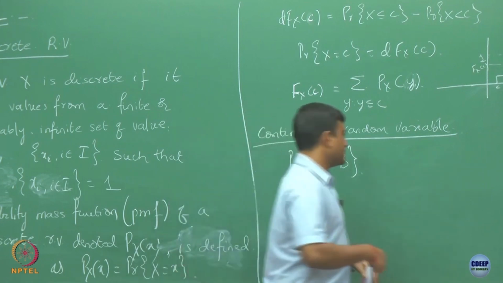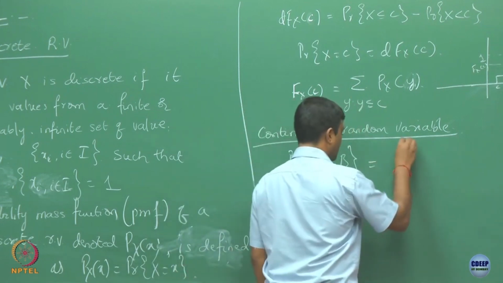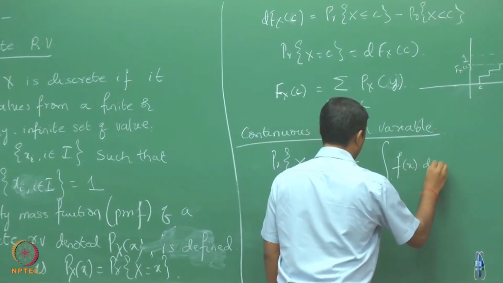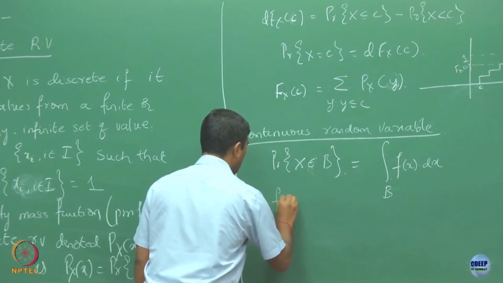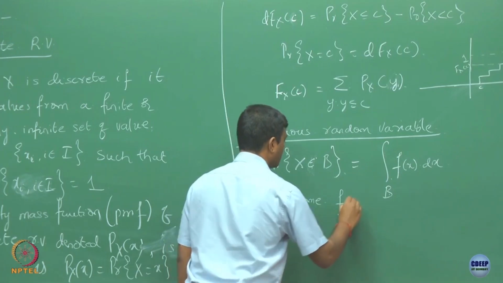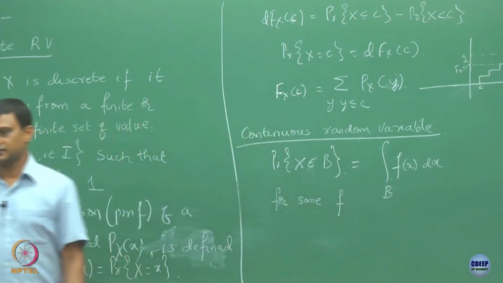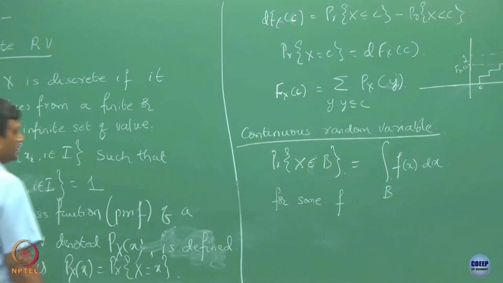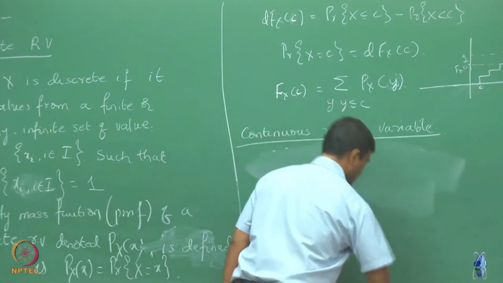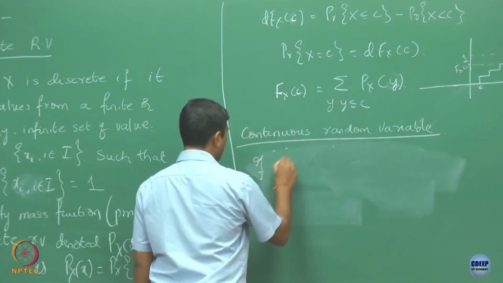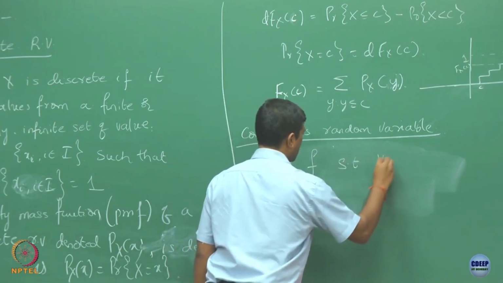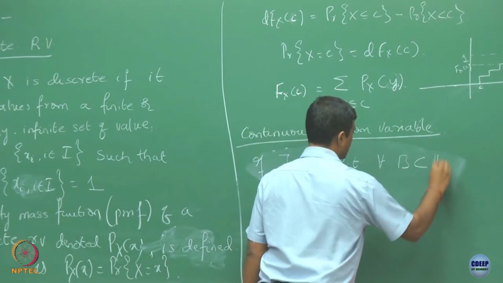Now we are going to say, or maybe let me write it in this fashion, that if there exists f such that for all B which is a subset of R, the probability can be expressed in this fashion.